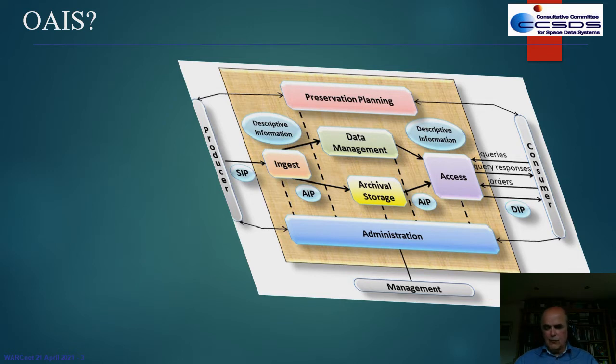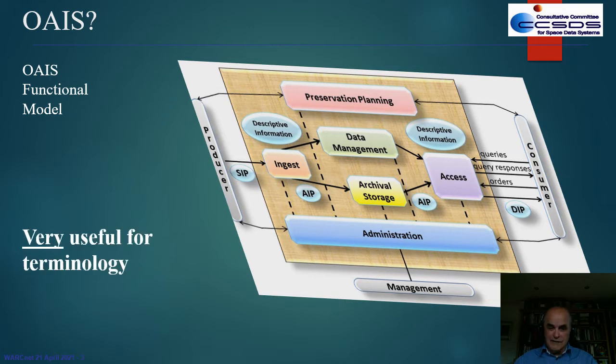When people think about or even teach about OAIS, this diagram is often the only thing they show. It's the OAIS functional model. It is very, very useful for terminology, but it's not actually specified for OAIS conformance.